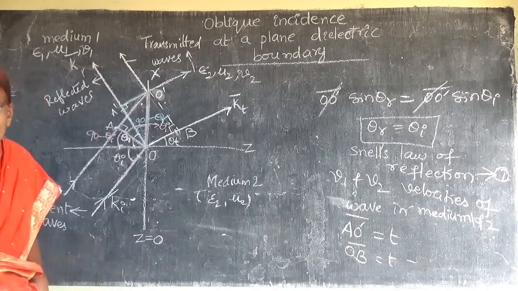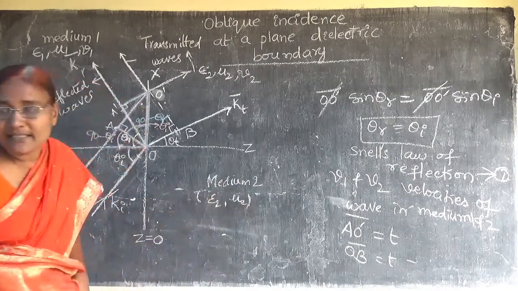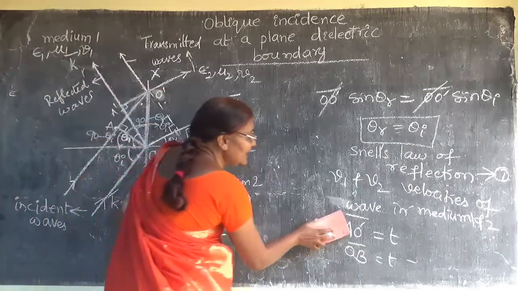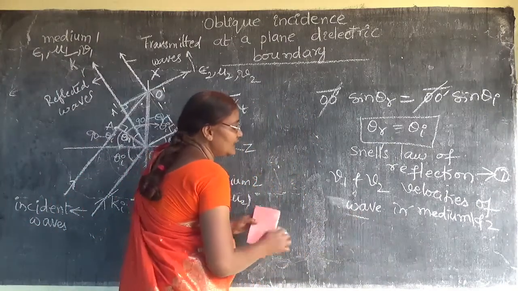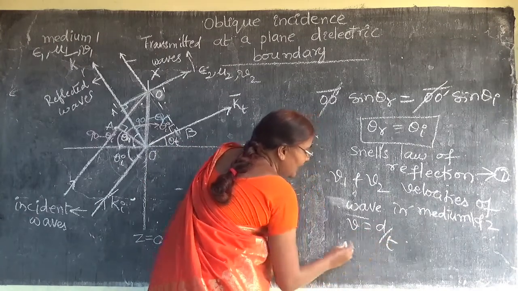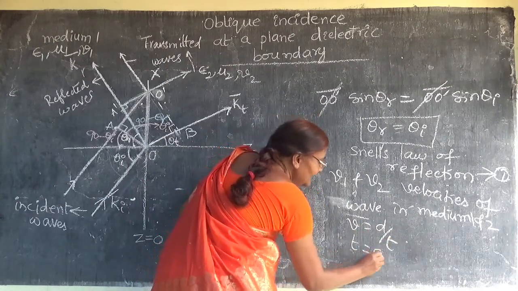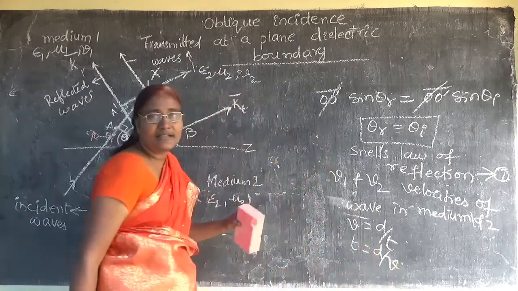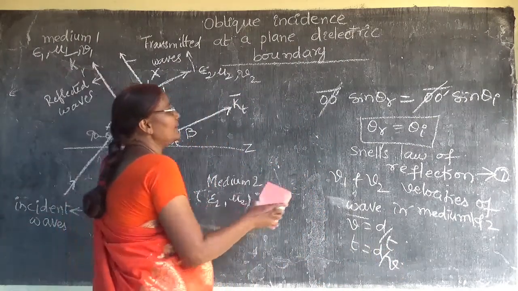So what I can write, my time taken is the same. So what is T? V is equal to D by T, and T is going to be D by V. So what is the distance I am considering here?